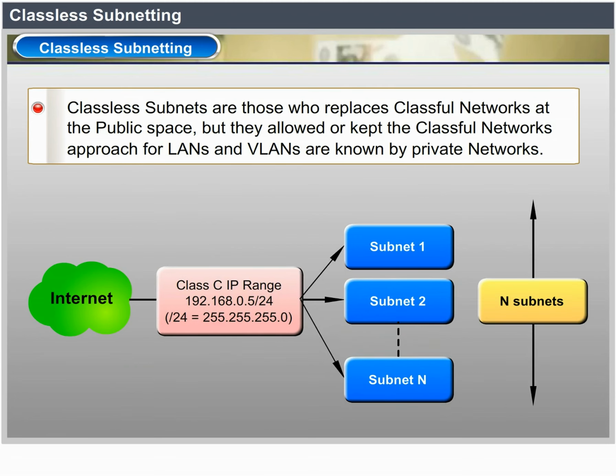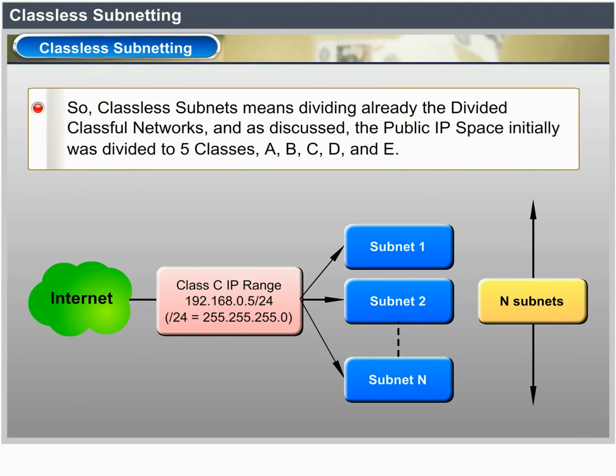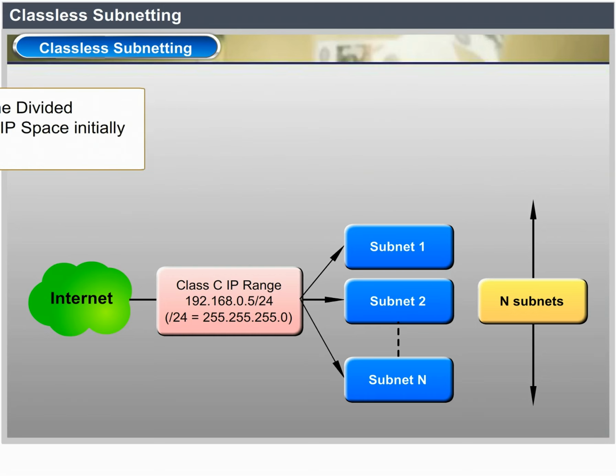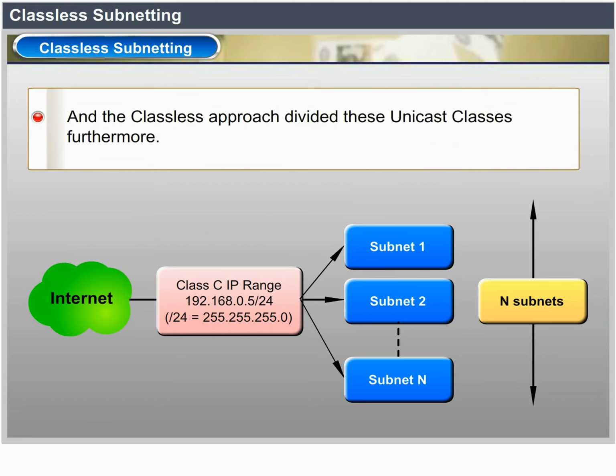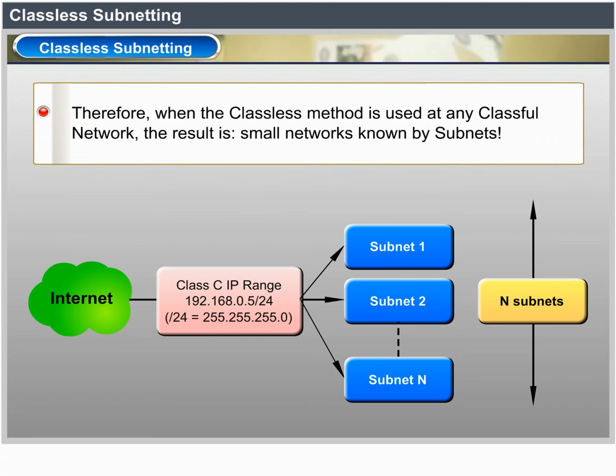So classless subnetting means dividing the already divided classful networks, and as mentioned, the public IP space was initially divided into 5 classes: A, B, C, D, and E. The classless approach divided these unicast classes further. Therefore, when the classless method is used on any classful network, the result is small networks known as subnets.